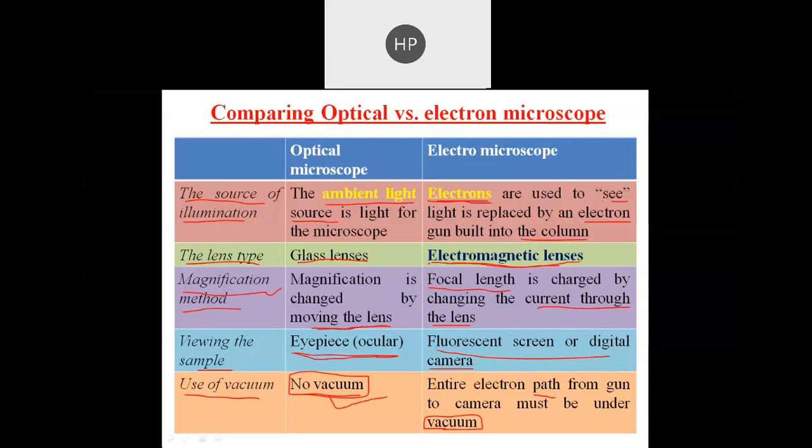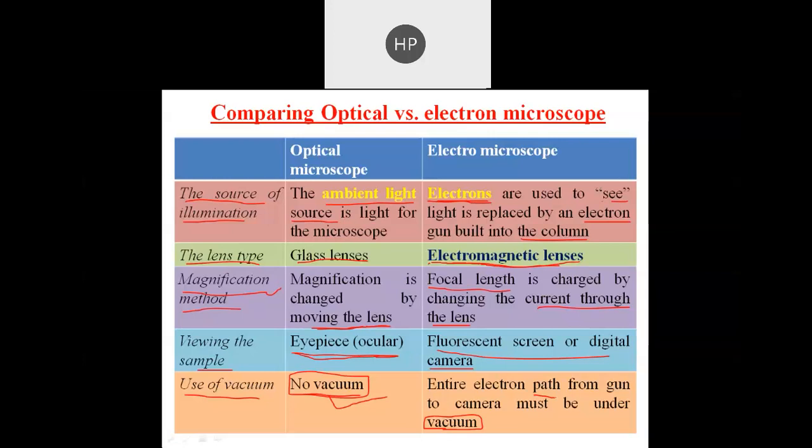So the path will be totally deflected, and due to that deflection we are not able to generate a good view, or we are not going to see what we require. And that's why the proper magnification and the clarity in that figure cannot be achieved.